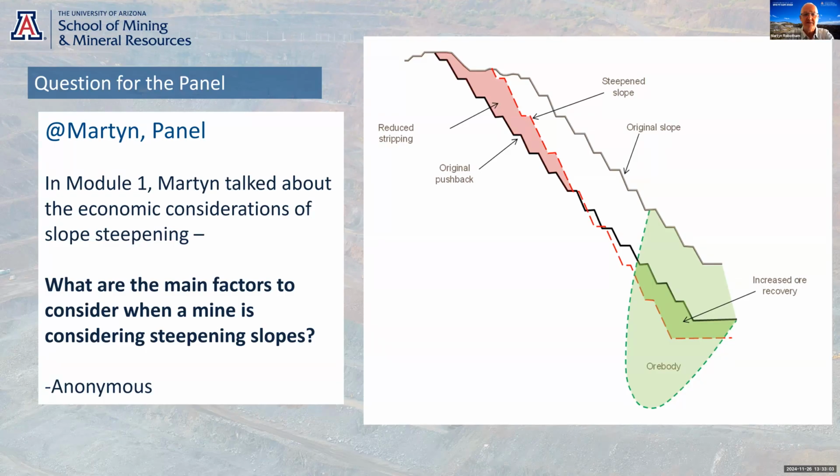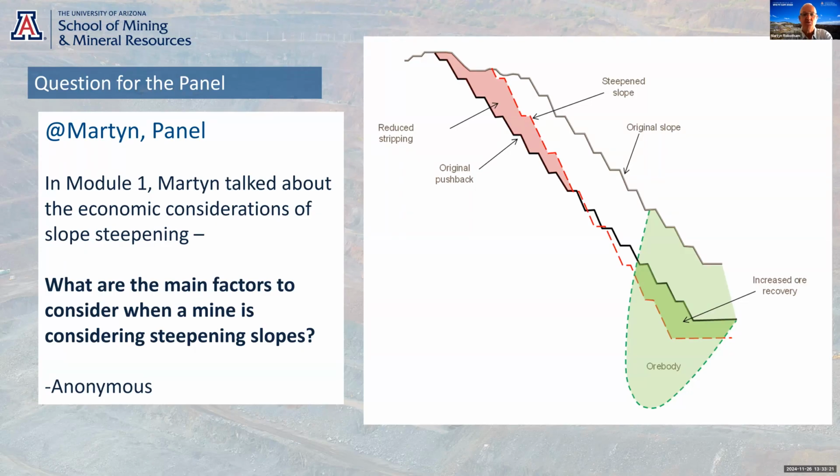So the main thing is it's not just a geotechnical issue. Obviously, you want confidence in the ore body being there and the grades being there to grab when you actually do steepen your walls, and also the characteristics of the wall that you will be creating, which in this case would be a steeper wall.